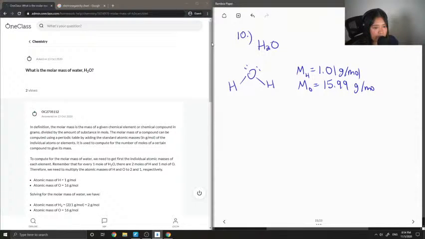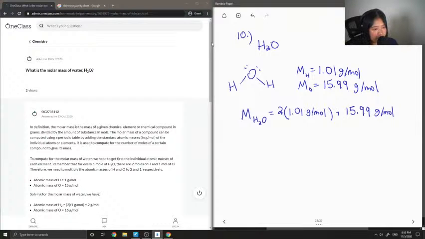per mole. If I wanted to calculate the molar mass of H2O, all I have to do is multiply the molar mass of hydrogen by 2, since there are 2 atoms of hydrogen in a molecule of water. And then I'm also going to add the molar mass of oxygen, which is 15.99.